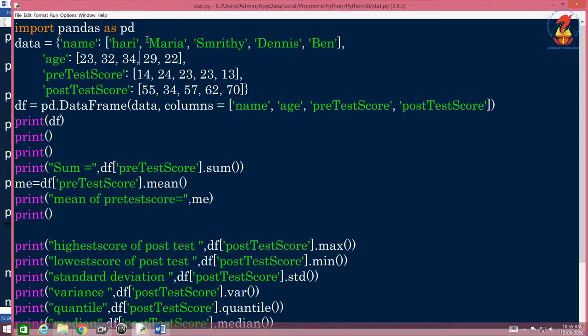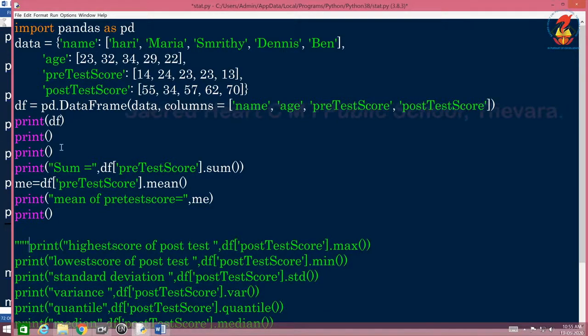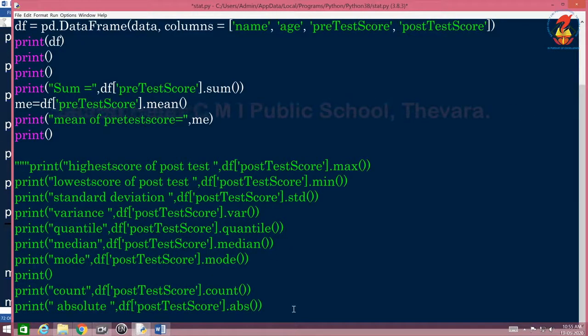Okay, let's run and see whether it's going to work or not. So the first one I am going to show you till here where you printed. The rest let it be there, but I am just going to comment it as usual. Then we will check one by one.